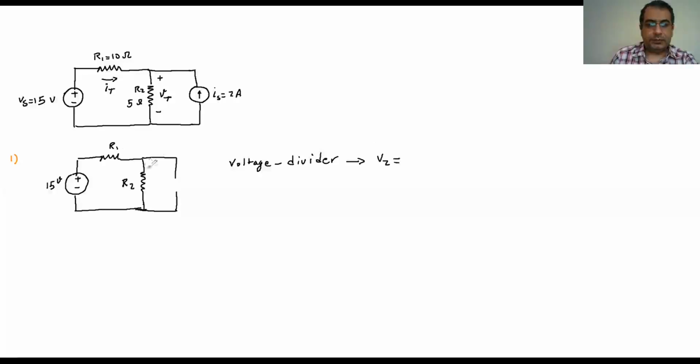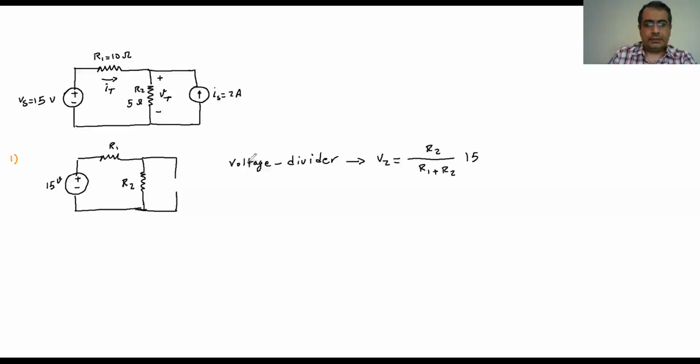So if I put it here, it's going to be the R1 plus R2, and then it's going to be the R2, and the total voltage basically we have here times 15. So you can go back and look at the voltage divider method, how it works.